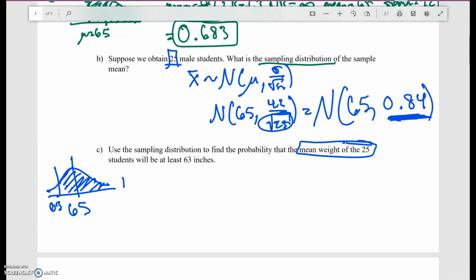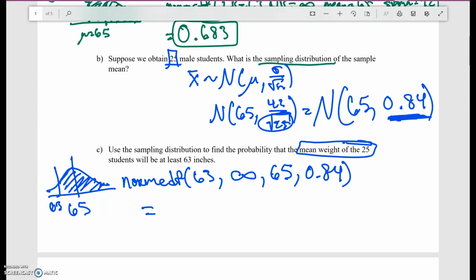So we're still going to use normal CDF. My lower bound is still going to be 63, my upper bound is still going to be infinity, and my mean is still going to be 65, but now my sigma is the only thing that's different: it's going to be 0.84.